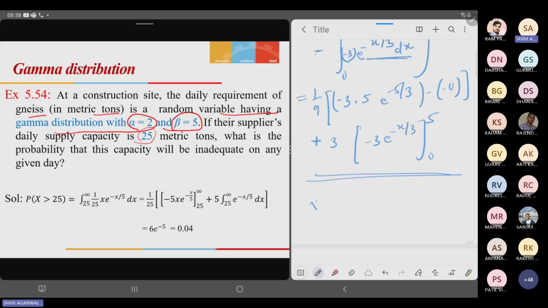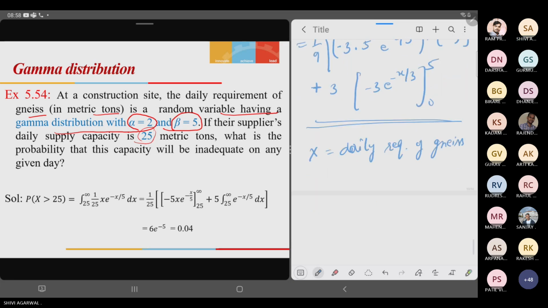So X is what? The daily requirement. It follows the gamma distribution with alpha equal to 2 and beta equal to 5. Clear?